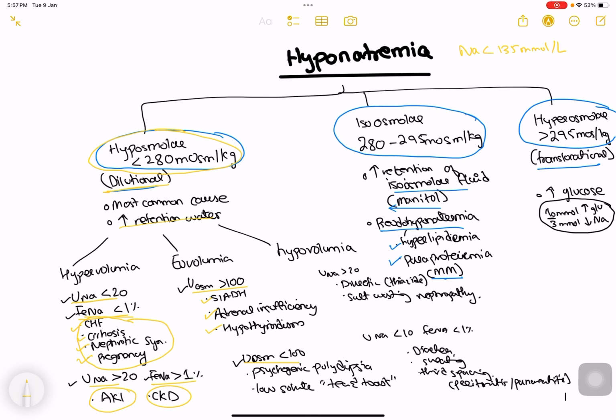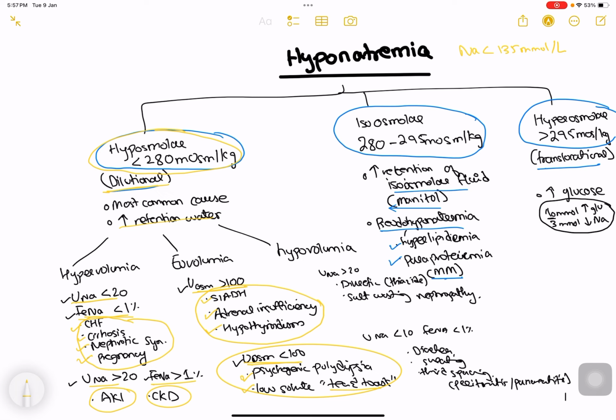These are the three important causes with urine osmolarity of more than 100 and euvolemic hyponatremia. Okay. And then if urinary osmolarity is less than 100, then there could be two causes: psychogenic polydipsia or low solute, such as tea and toast diet. Tea and toast diet and psychogenic polydipsia are the causes where urinary osmolarity would be less than 100.